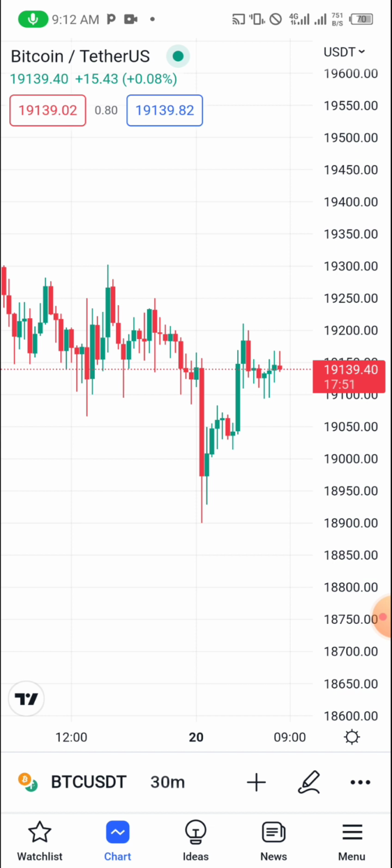All right, so a confluence is where two or more variables come together to give a valid signal. In other words, you can say, okay, if price breaks out of a pattern and a certain EMA crosses another EMA at the same time, those two factors coming together at that point in time makes a confluence.